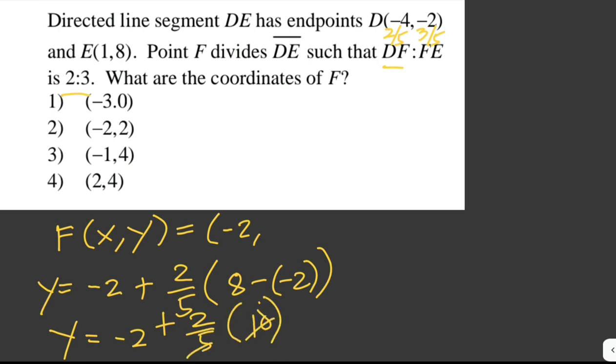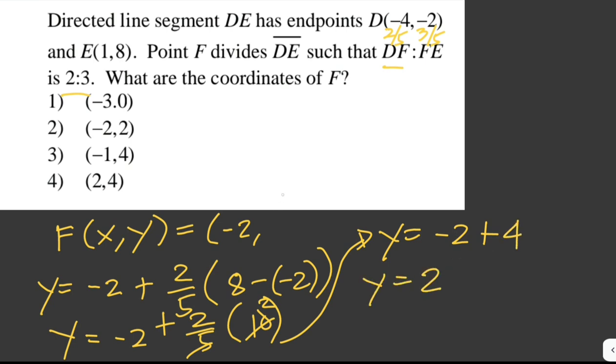And 10 divided by 5 is 2. So y is just equal to negative 2 plus 2 times 2 is 4. So y is equal to 2. Therefore, the coordinates of F are just (-2, 2). So the answer here is 2.